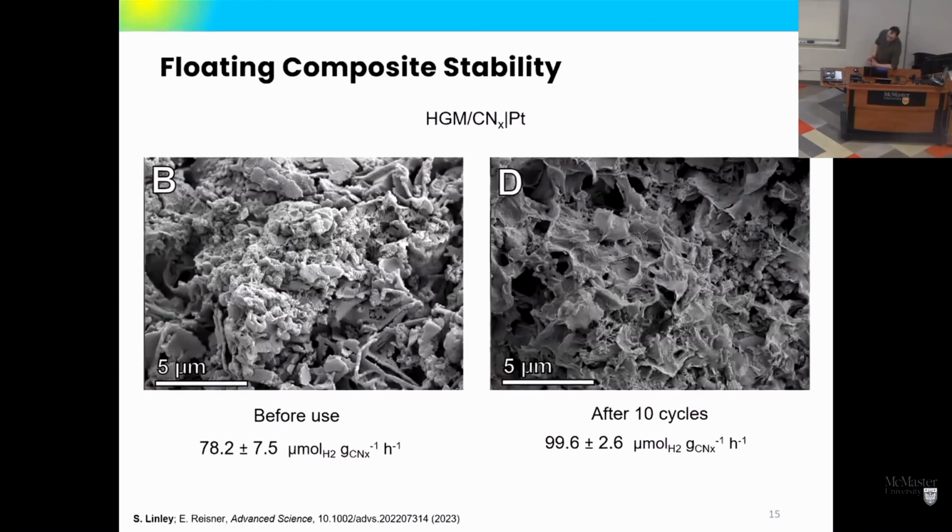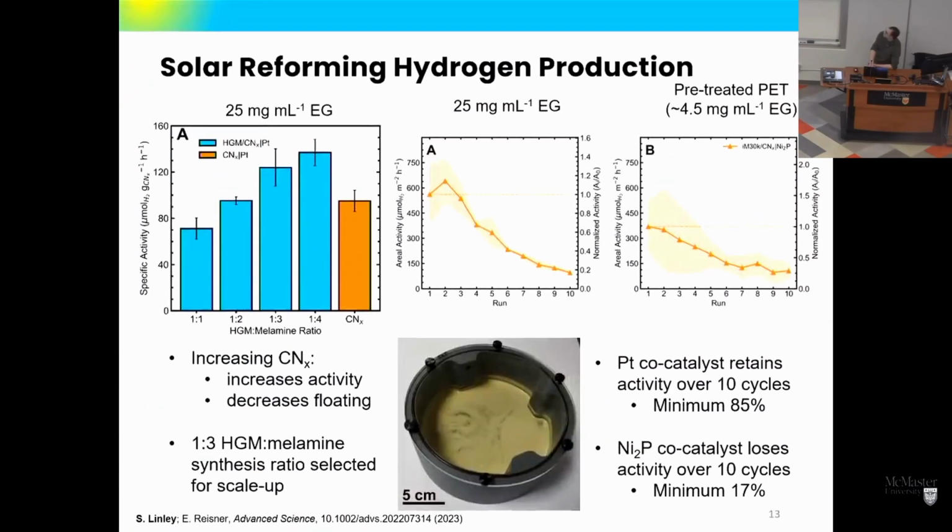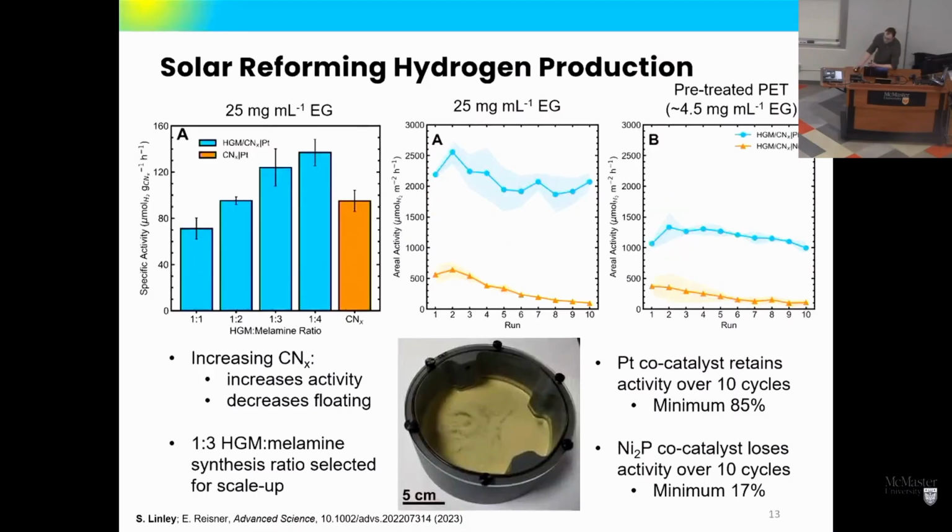Okay, and then talking about the stability of these composites. So the activity decrease that we observe in these materials, I'll just go back a couple slides here just to show this again. Okay, so we have this decline in activity for our nickel phosphide based material, and that's due to degradation of the co-catalyst.